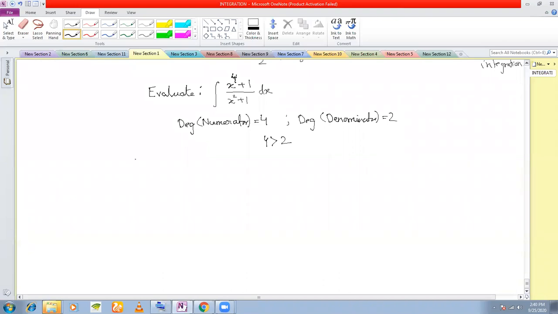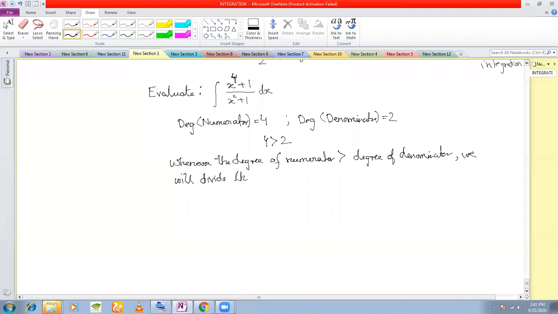So remember, always, whenever the degree of the numerator is greater than the degree of the denominator, we will divide the numerator by the denominator.